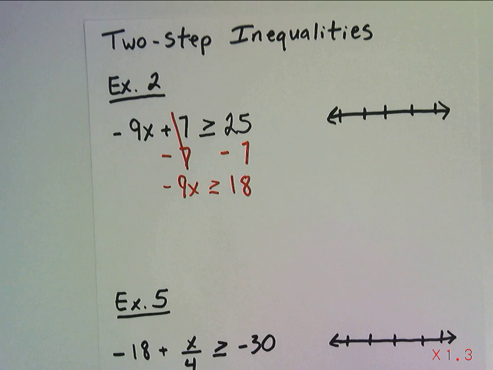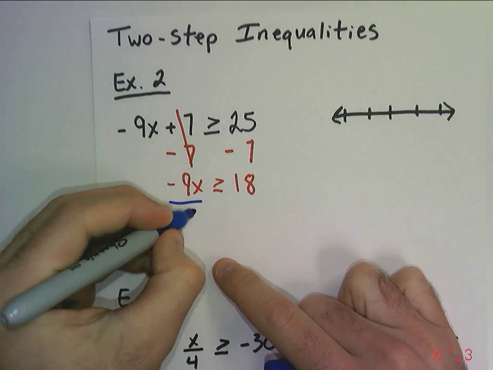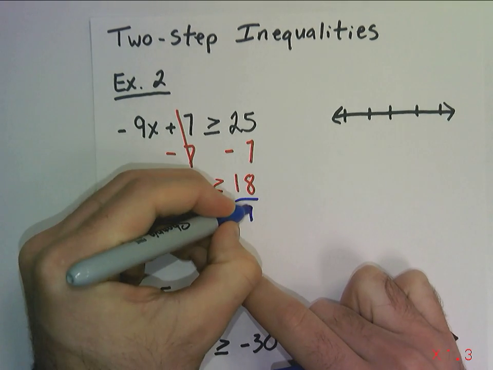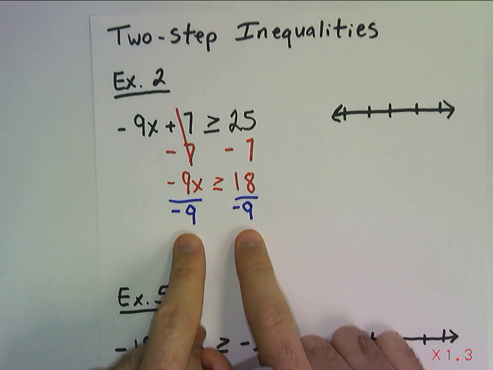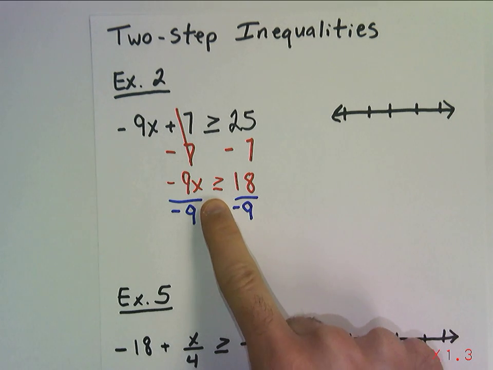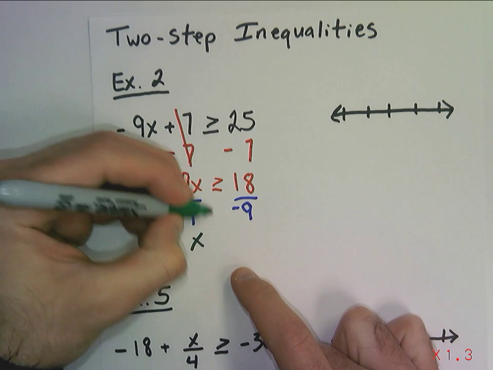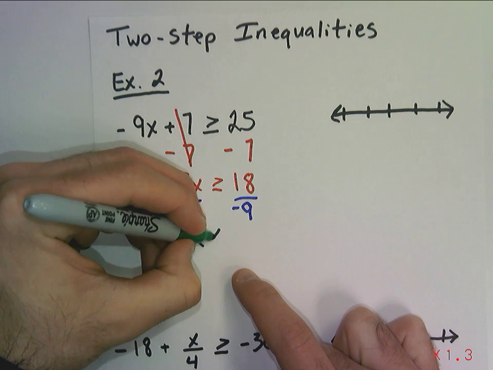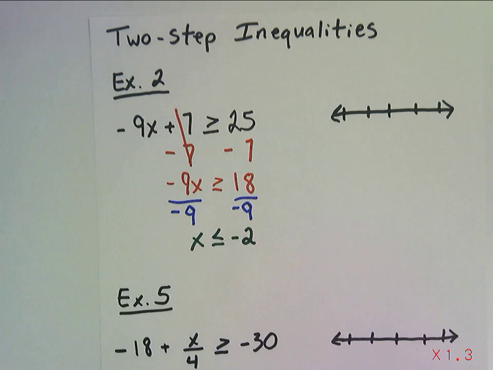Now I need to undo this multiplication with division, so I'd be dividing by negative 9 on both sides. And now an alarm is going off in my head because I've divided by a negative number. That means I need to flip my inequality. So let's not forget to do that. So we'd be left with x is, instead of greater than or equal to, it's less than or equal to negative 2.